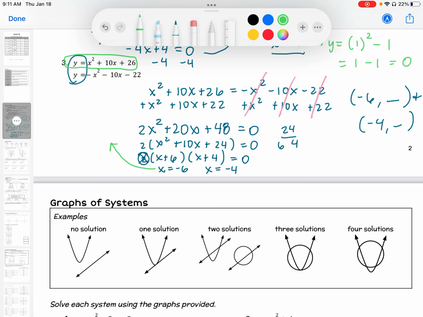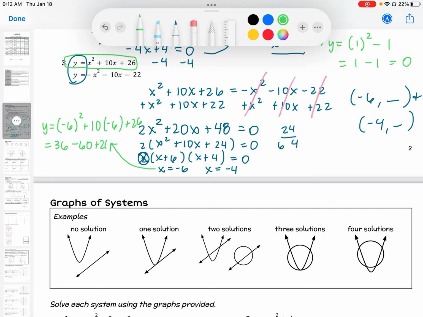All right, so let's plug that y value in. So plug negative 6 in everywhere there's an x. So we're going to have two places to plug it in this time. So negative 6 squared plus 10 times negative 6 plus 26. So that equals negative 6 squared is going to be 36. 10 times negative 6 is negative 60.